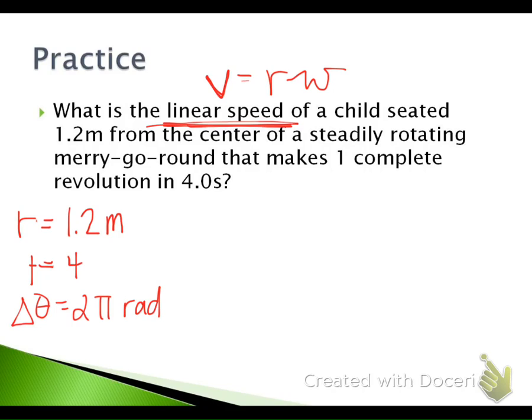So in order to get to this, our overall goal, we need to find omega, right? So what equation do we have that we can use to solve for our omega? Delta theta over delta t?